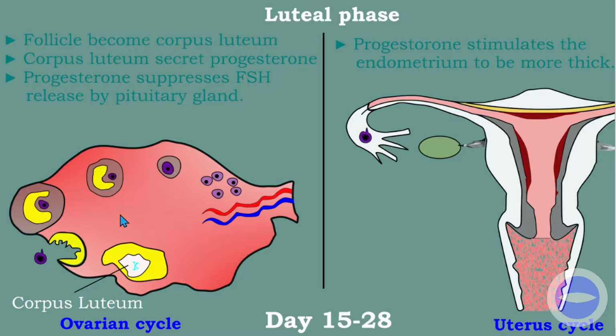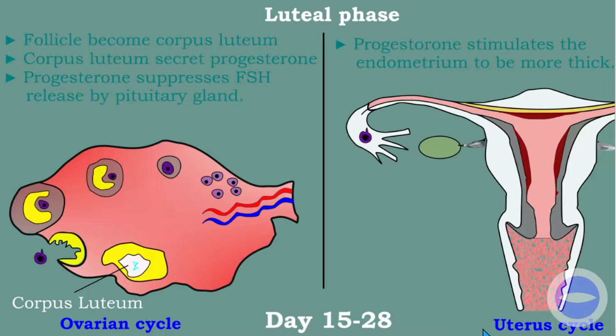This corpus luteum will secrete progesterone, which is another hormone that is released inside the ovary, and then the progesterone will prevent FSH from being released by the pituitary gland. So the pituitary gland won't release FSH, so there won't be any development of a follicle or of an egg before the cycle is completed.